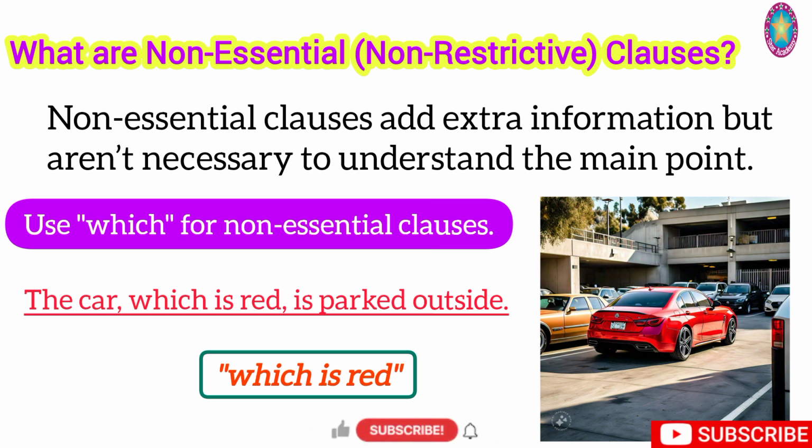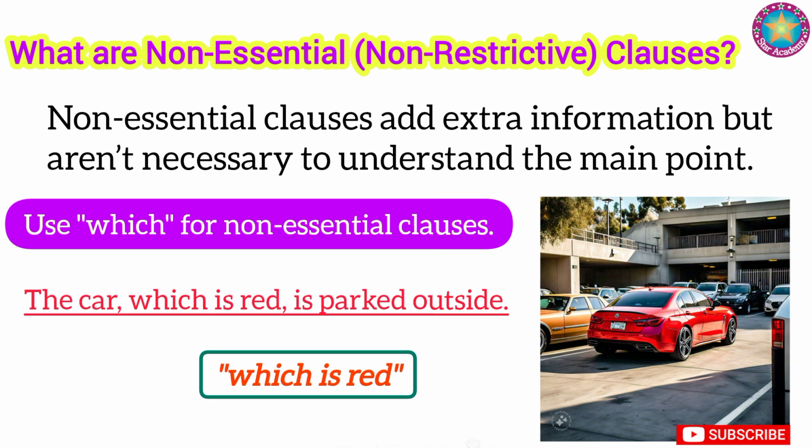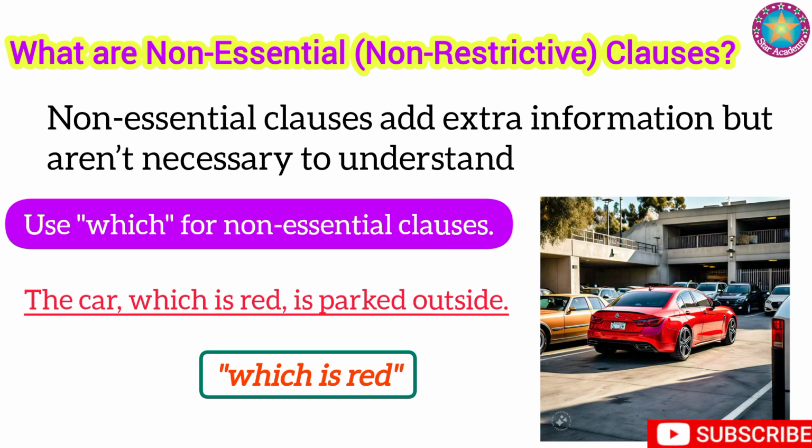Non-essential clauses, or non-restrictive clauses, give additional information that isn't required to understand the main point of the sentence. When adding this extra detail, we use which. In the example, the car, which is red, is parked outside. The clause, which is red, gives extra information, but it isn't critical to identifying the car.